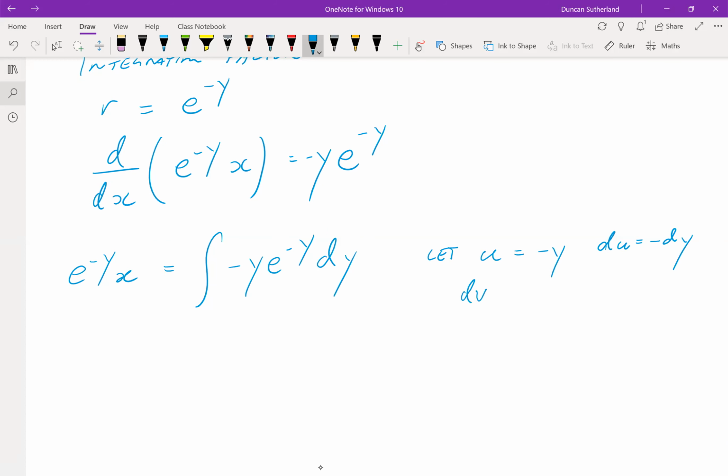Oh, actually, I believe I did this in my previous calculation, so I'm going to stick with this for no particularly good reason.